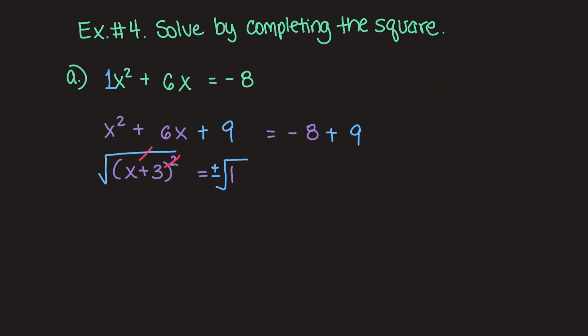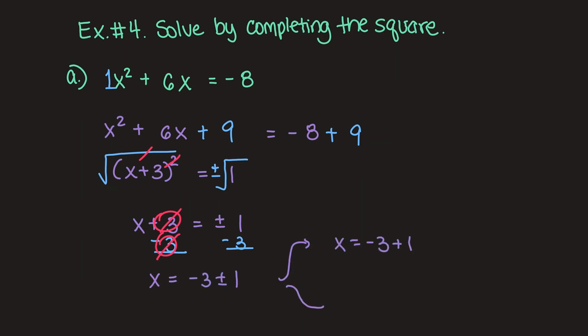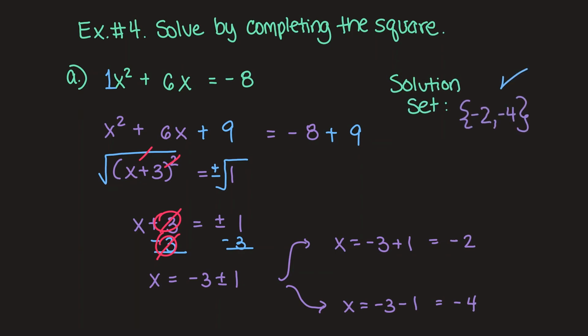This cancels out the square on the left side, and the square root of 1 is just 1. Then to solve for x, we subtract 3 from both sides, and we have x equals -3 plus or minus 1. Splitting this up into two equations, we have x equals -2 and x equals -4 as solutions.